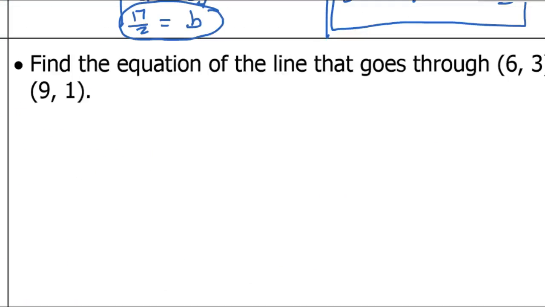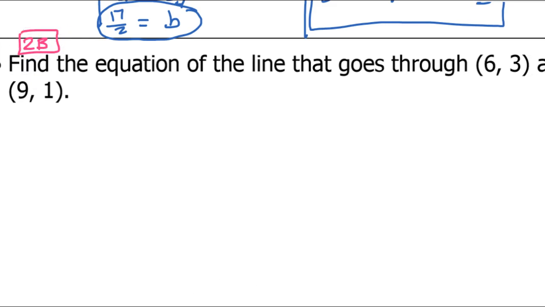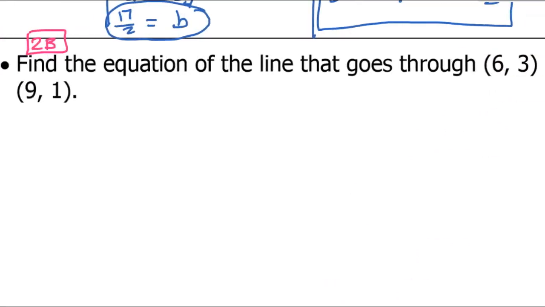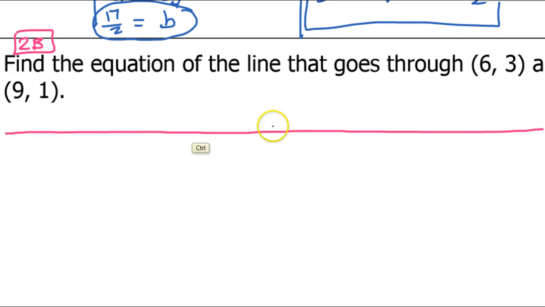All right, so here comes 2b. All right, so I'm going to find the equation of the line that goes through 6, 3 and 9, 1. All right, so great, 6, 3 and 9, 1. So it's the same thing again. So once again, I'm going to follow the chart.